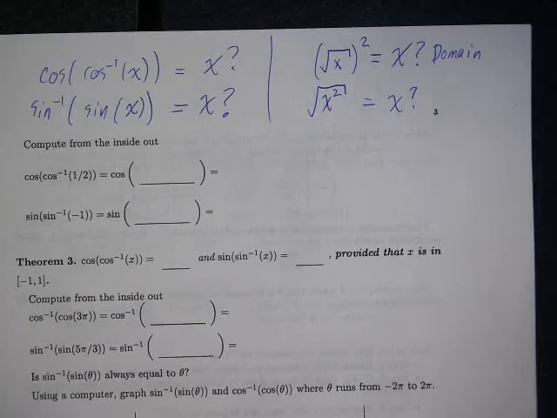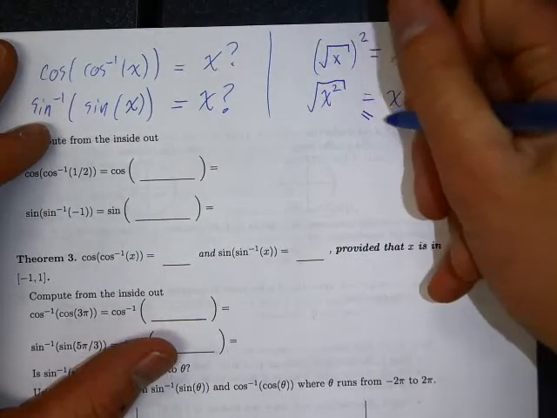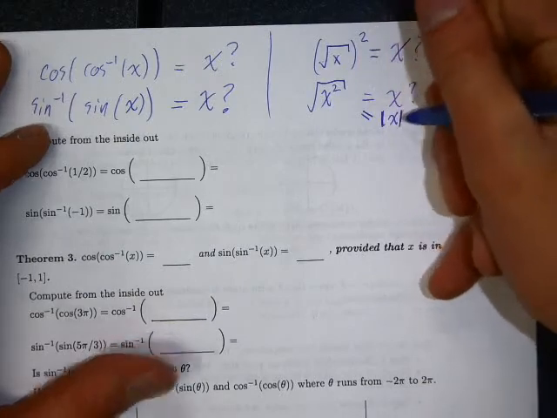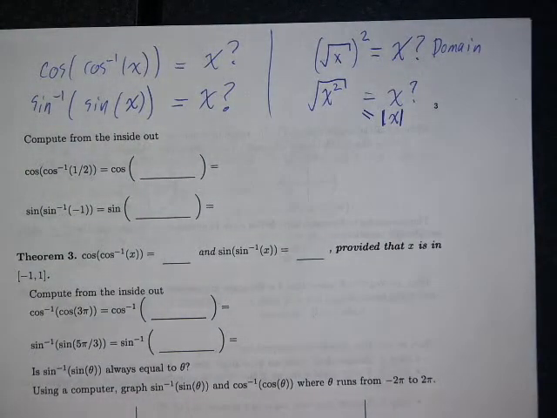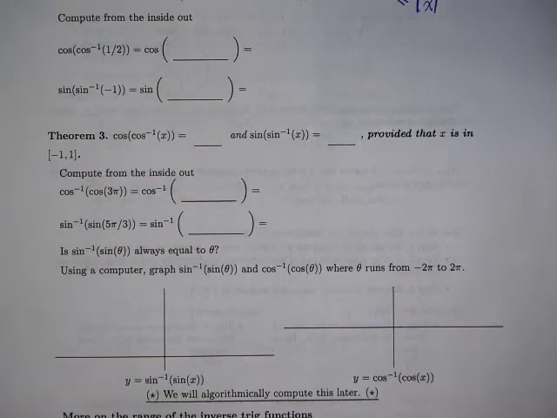What's -7 squared? 49. What's the square root of 49? Did I get the same input back again? No. So some weird stuff can happen. In fact, the square root of x squared isn't always x. It's always the absolute value of x. So when you do this stuff, some funkiness can happen. Let's try to explore exactly what that funkiness can be.